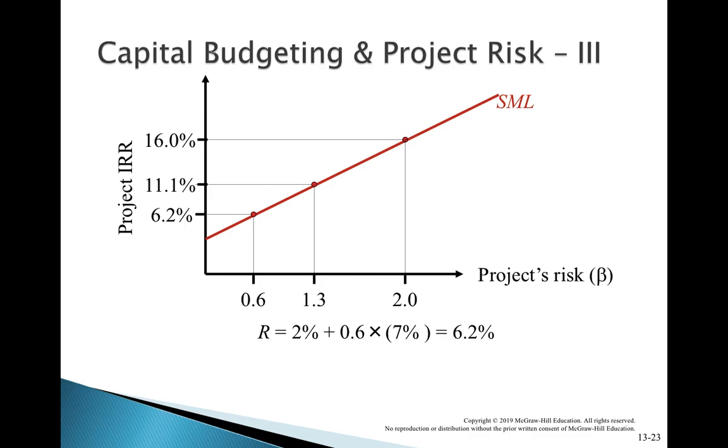If you are taking a retail industry project, the same 2% plus 7% multiplied by the beta of 2. 7 multiplied by 2 is equal to 14. 14 plus 2 is equal to 16%. Like that, based on the risk, the beta will be calculated, and based on the beta, the cost of equity changes and the hurdle rate changes.